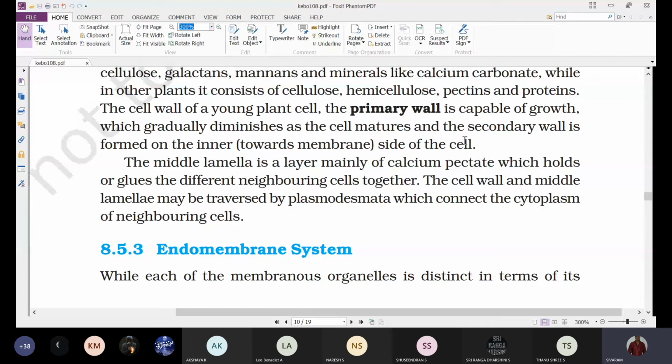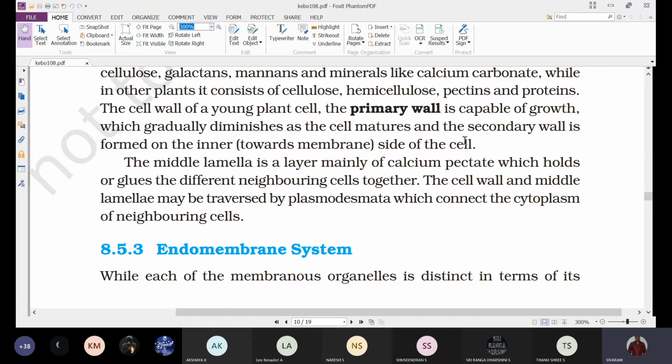When you observe the plant cells, at some places the cell is devoid of, that means absent of, cell wall and middle lamella, and forms pore-like structures through which the cytoplasmic strands of one cell extend into the adjacent cell.